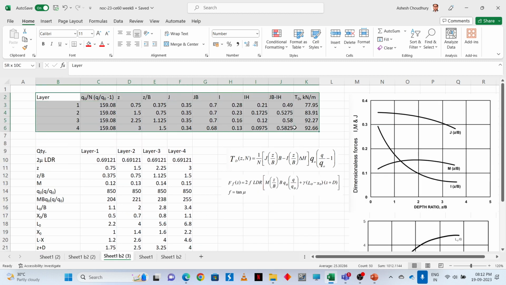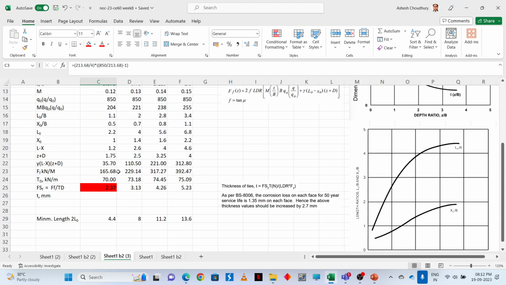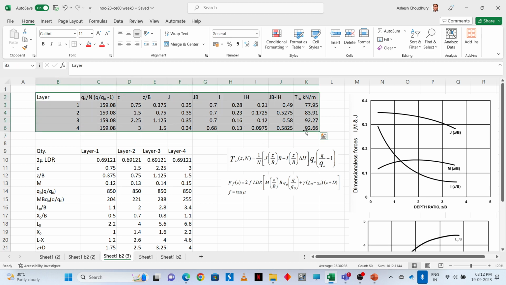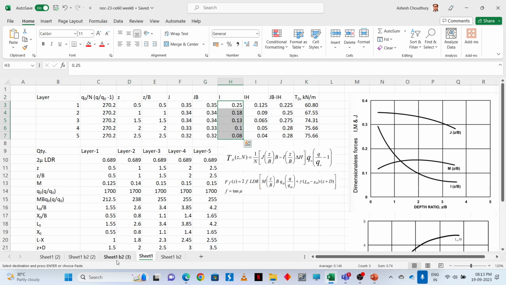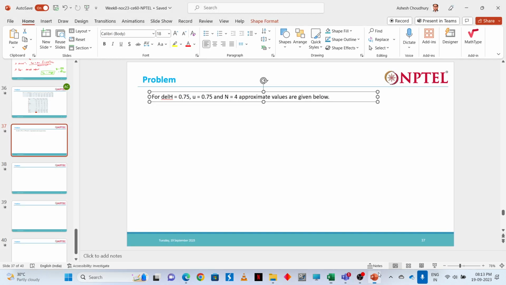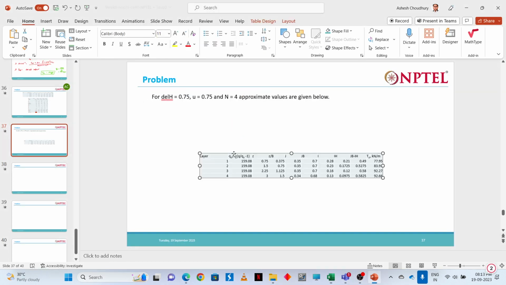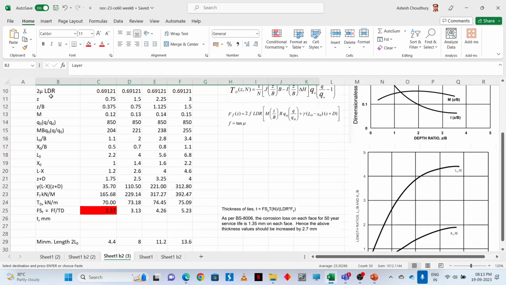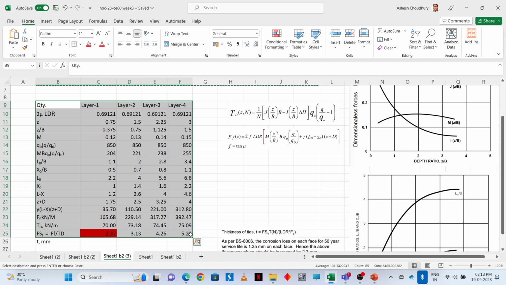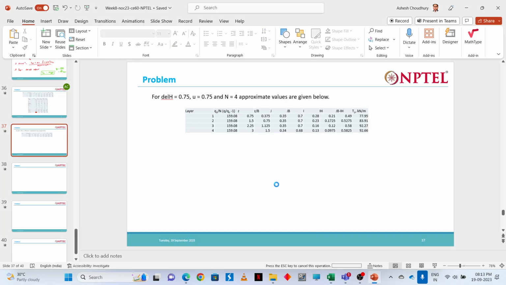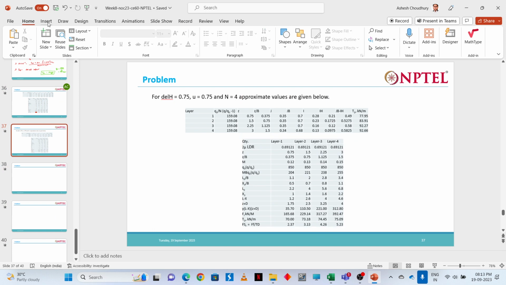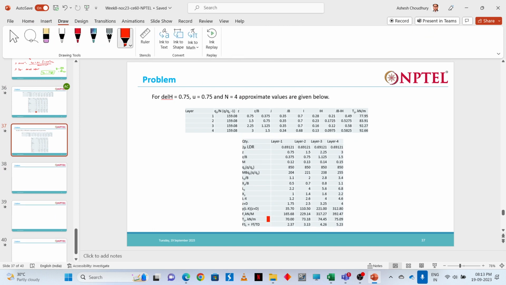Just check. There might be some mistake in this because I have not done it properly. Just check the values and do it once. So like this, by trial and error, we need to find out this optimum configuration and everything. There is no other way, like this by trial and error.